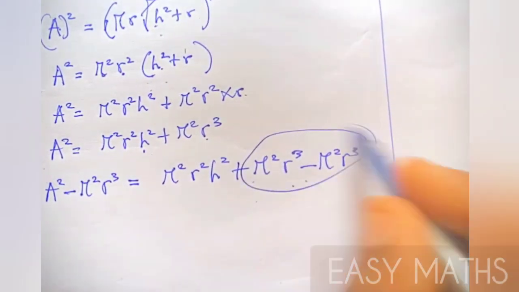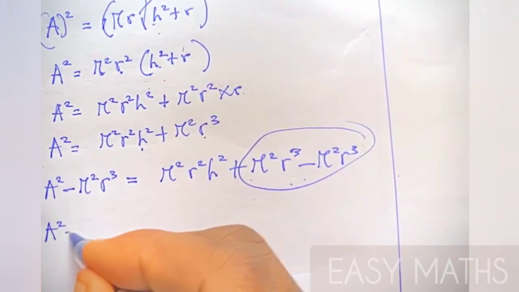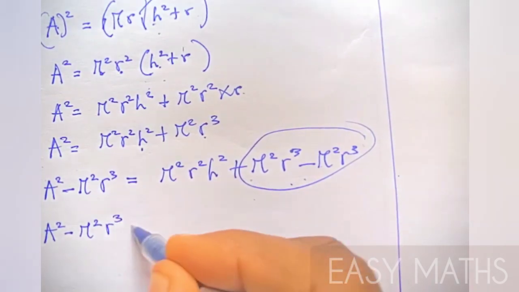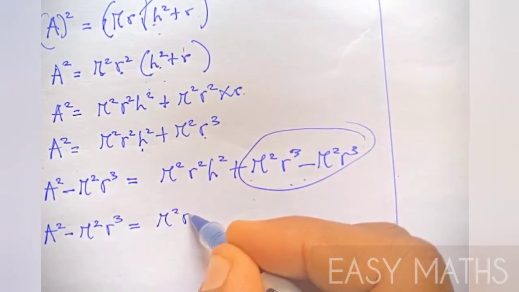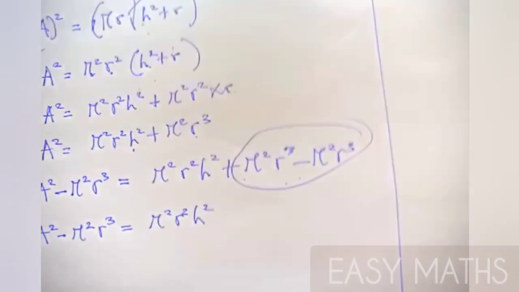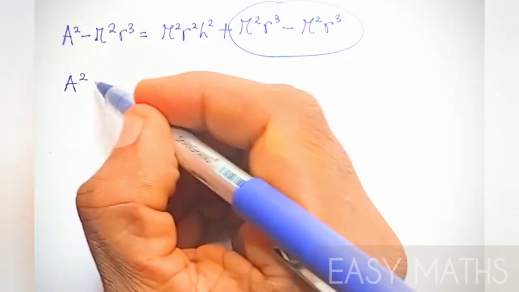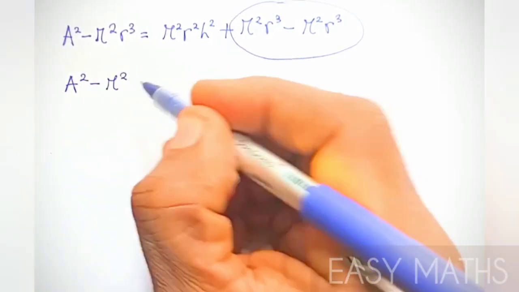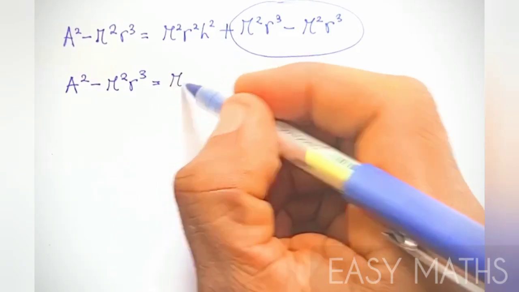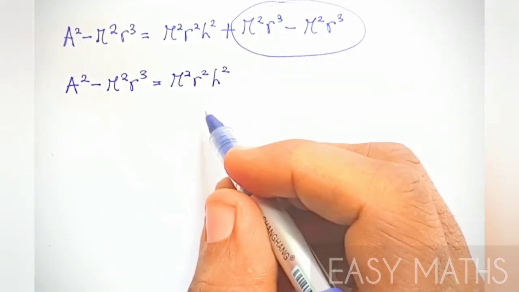Of course, this will go because it will give you 0. So we have a squared minus pi squared r cubed equals pi squared r squared h squared.